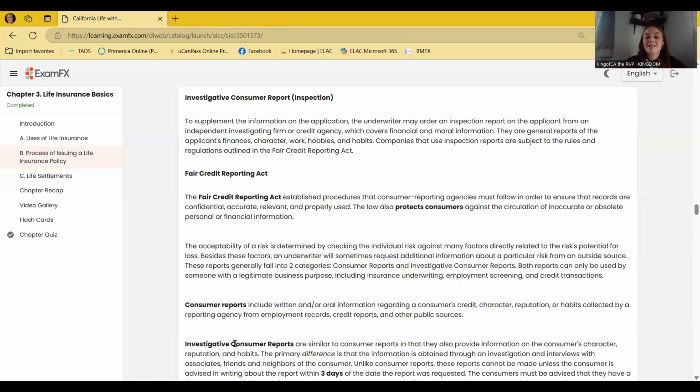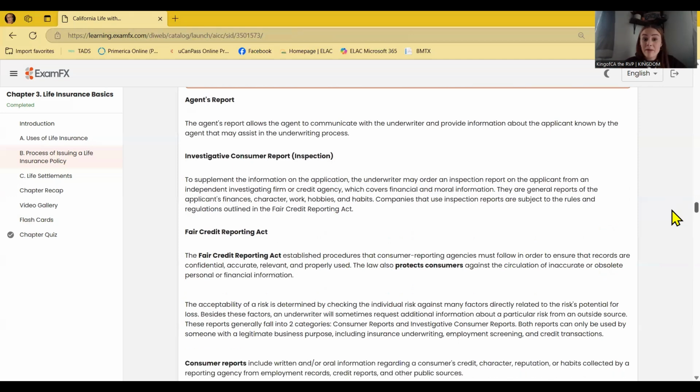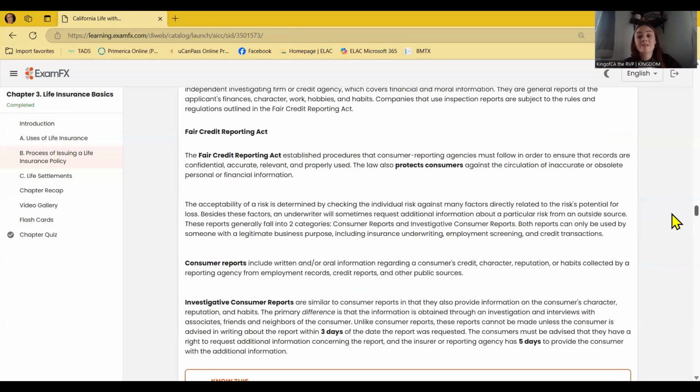But with the investigative consumer reports, they are actually able to get written or verbal statements from our family, from our friends, from our coworkers. They're able to get way deeper and get personal information for the reports. So consumer reports is anything that they can run in the system, whatever they can find on us.